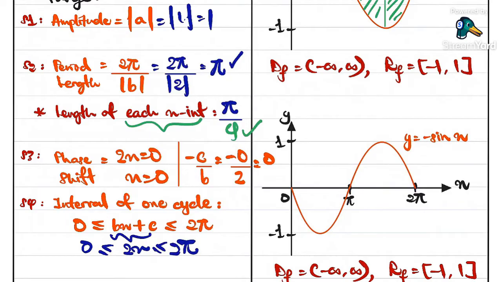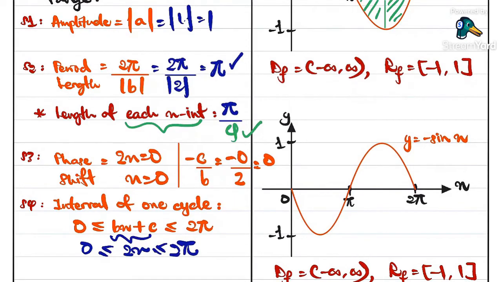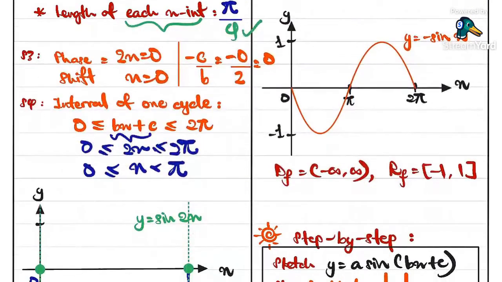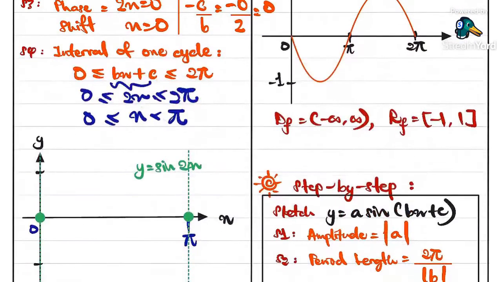And then when we have a new linear 2x in the middle here, we can make x the subject, and we know that in the end x is in between 0 and just pi. Done. So basically you need all of this information before you sketch, and then we are going to sketch now.